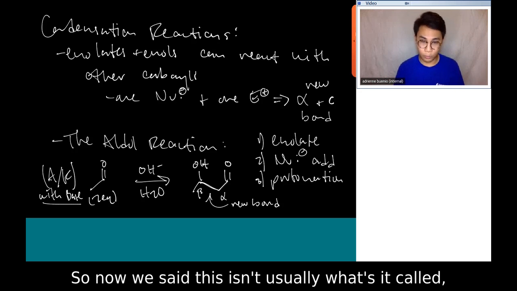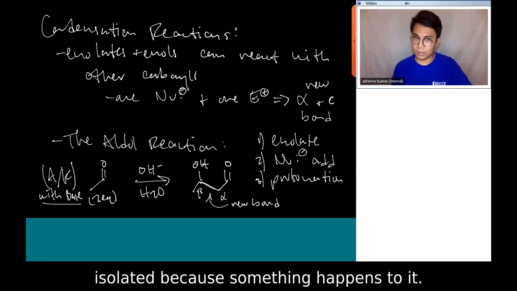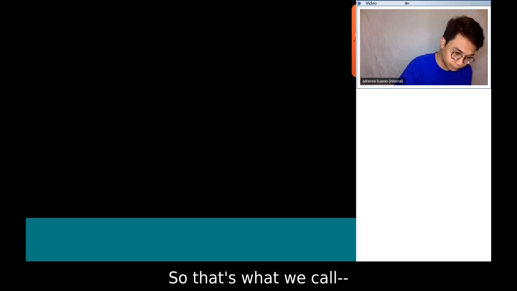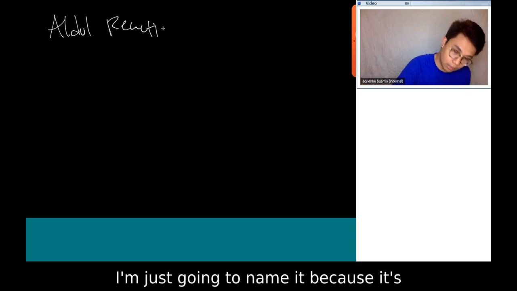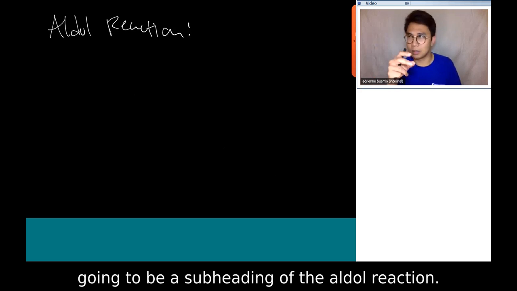So now we said this isn't usually, what's it called, isolated, because something happens to it, right? So that's what we call, and actually I'm just going to put this aldol reaction. I'm just going to name it this way because it's going to be like a subheading of the aldol reaction.